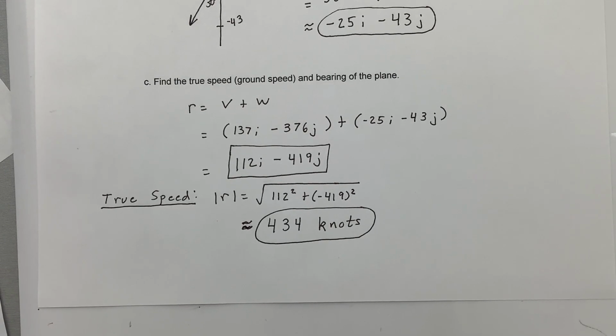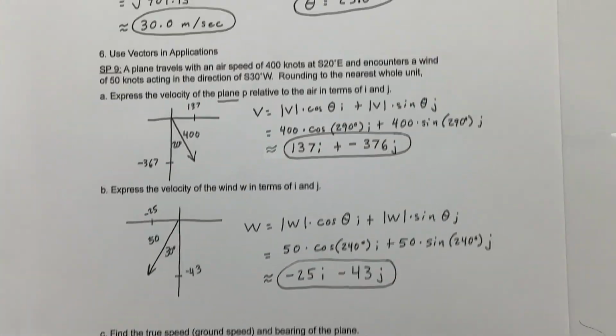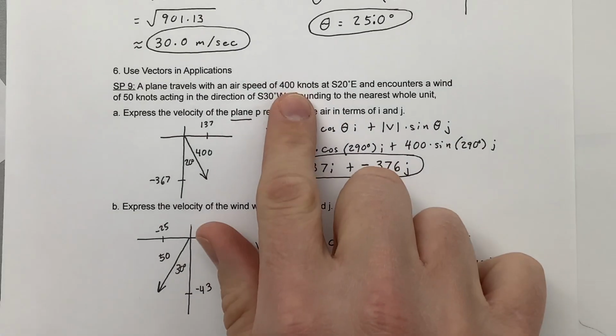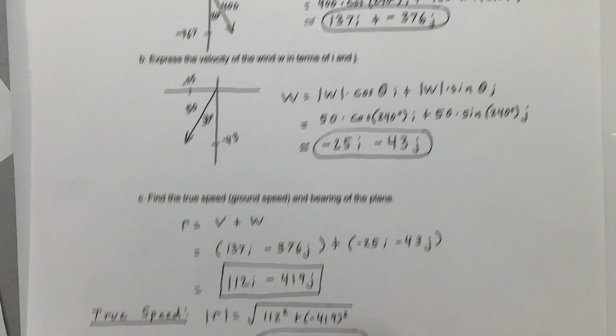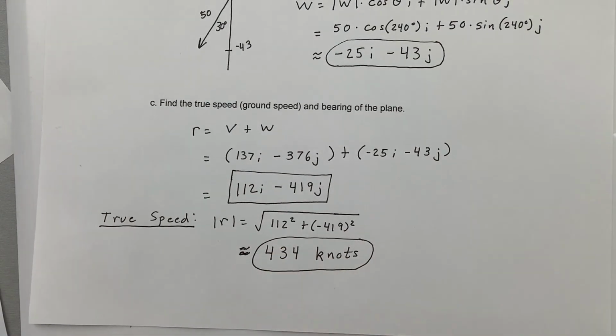So are we going faster or slower with the true speed than what we were anticipating? I think we're going faster, right? Originally, we set the cruise control of the plane to be at 400 knots. And now with that wind incorporated, we're going 434. Does it make sense that we picked up some speed?